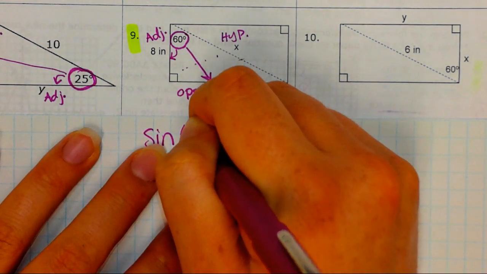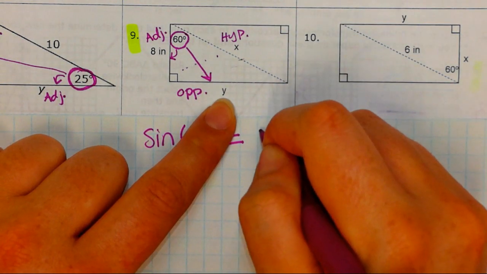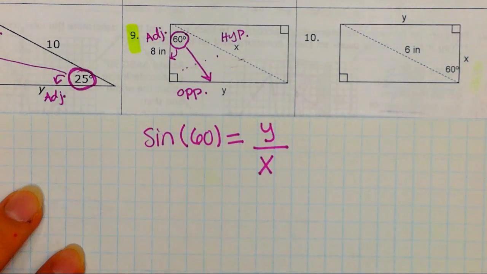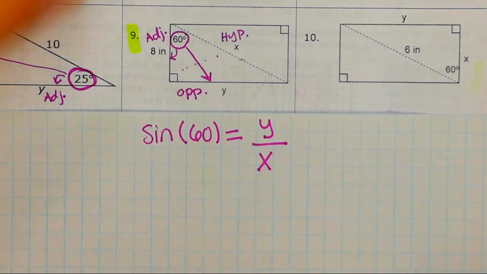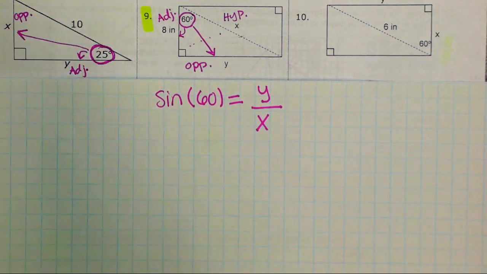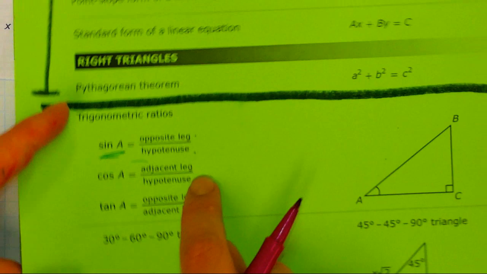So if I'm going to use sine, then I would write that sine of 60 is equal to my opposite leg, which is y, over my hypotenuse, which is x. Now I'm going to go ahead and write out the other two. Cosine of your angle is equal to the adjacent leg over the hypotenuse.